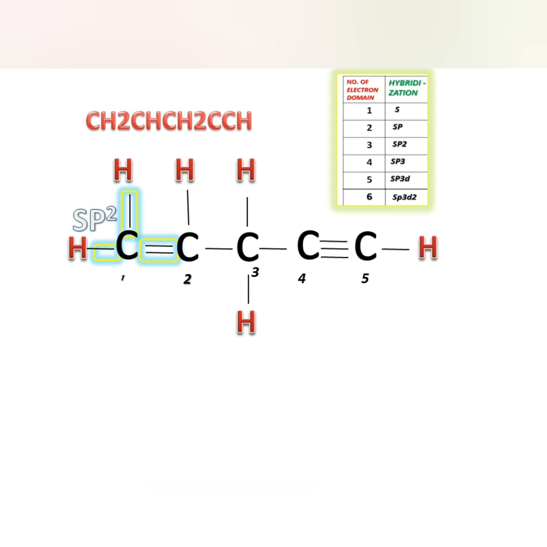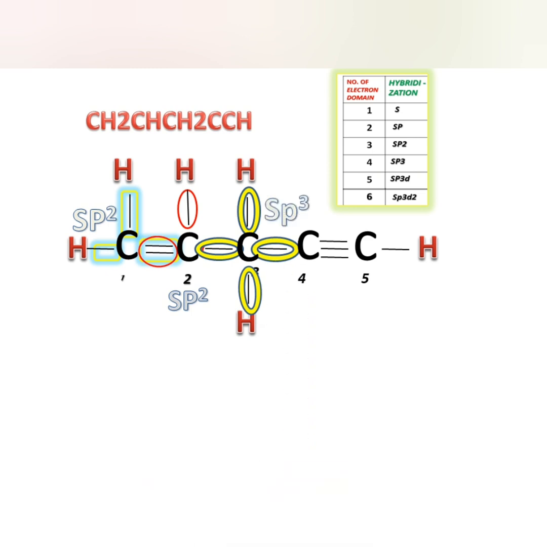We do the same for carbon 2. Counting, we have 1, 2, and also our double bond. It's also counted as 1 from our rule. So we have 3 electron domains. Let's get to our table. For 3 electron domains, we have sp2 hybridization. And that's the hybridization for carbon 2. For carbon 3, we have 1, 2, 3, and 4. Referring to our table, 4 electron domains corresponds to sp3 hybridization.